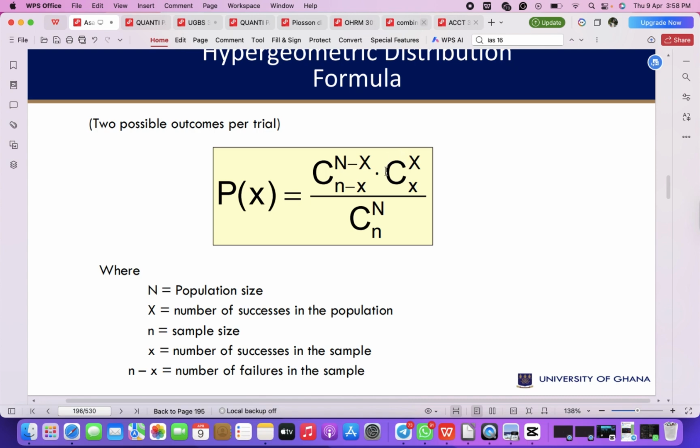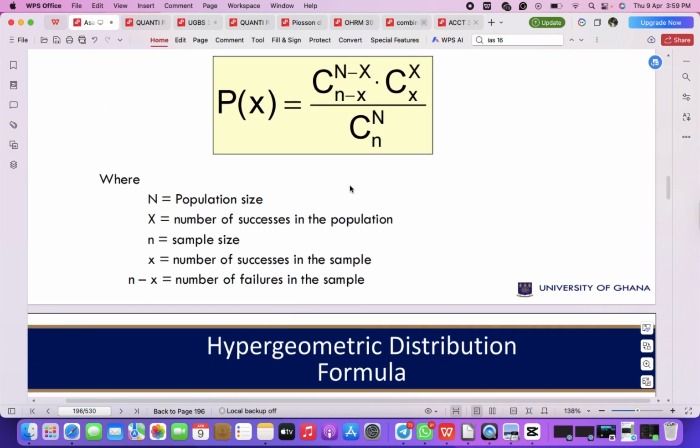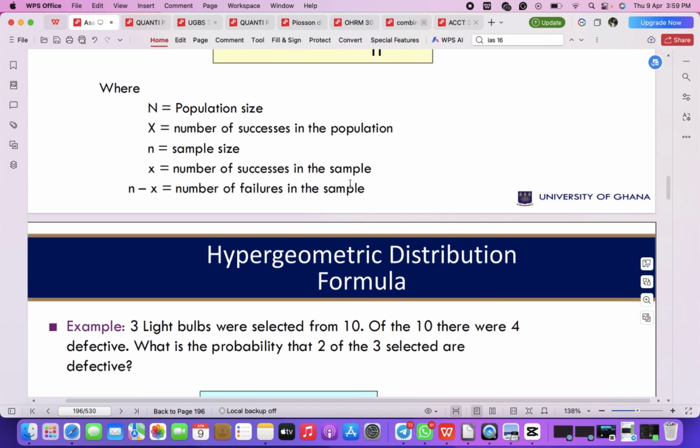And then this represents the combination of the number of successes in the population over the number of successes in the sample, all over the combination of the population over the sample size. So if I have to find the probability of x, this x represents the number of successes in the sample. Okay, so let's solve an example and we will understand.